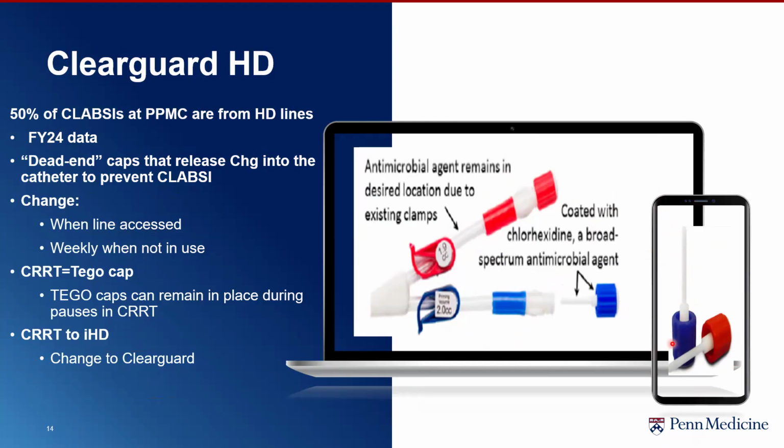So you really want to put these on when the CRRT is not in use, which is why we mainly go with the Tego caps, because CRRT is continuous. But if we're going from CRRT and we switch over to IHD, in between IHD treatments, we really want to see these ClearGuard caps on. And these can actually be found in our storeroom.